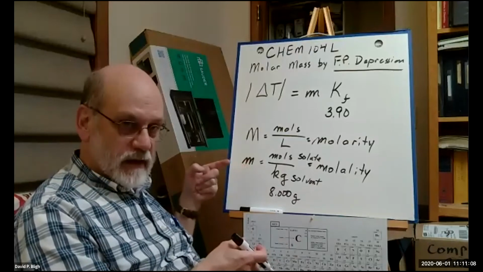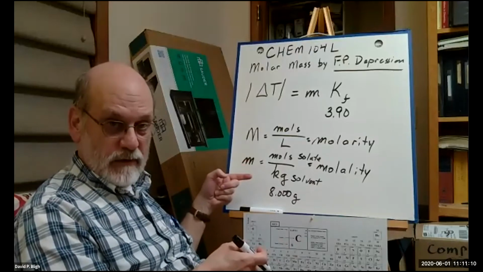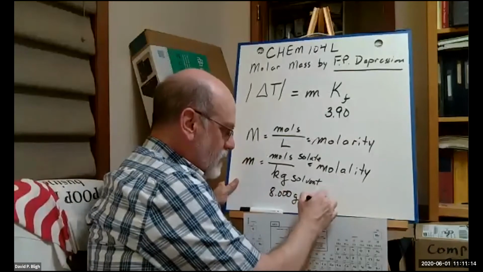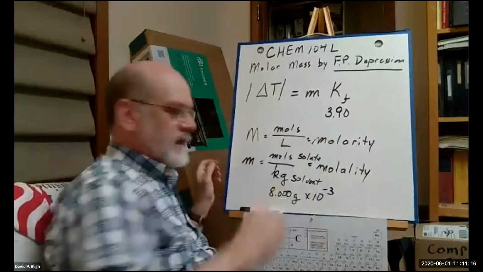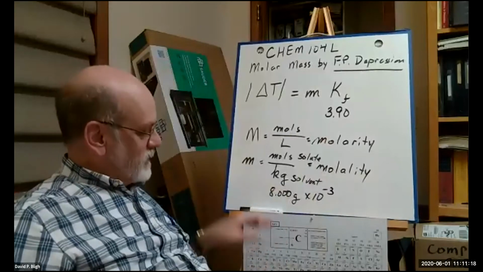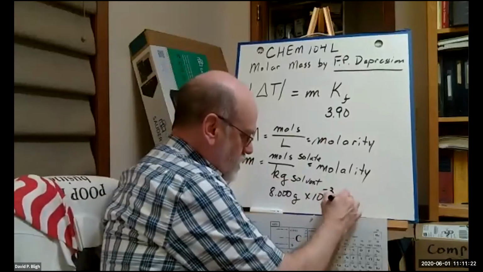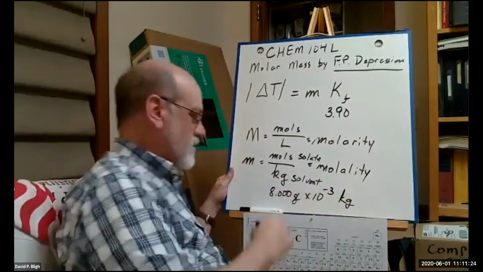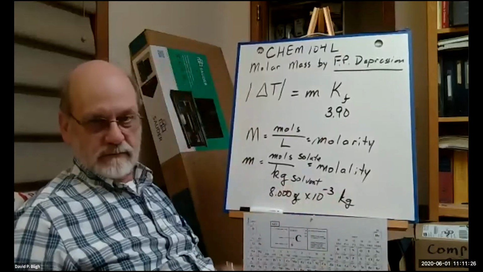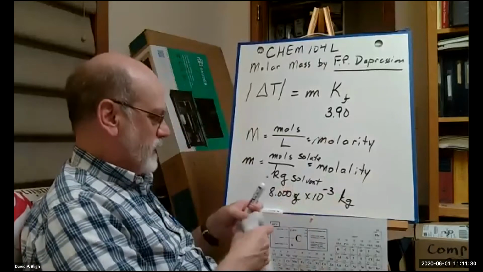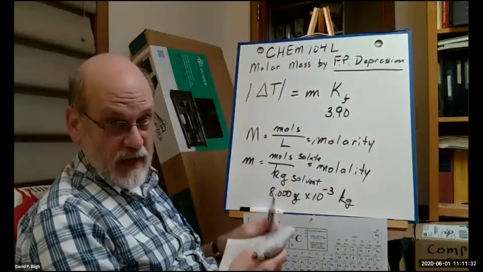So how do you make kilograms out of grams? It's real simple. Just multiply it by 10 to the minus third. So 8 grams is 8 times 10 to the minus third kilograms. Easy.